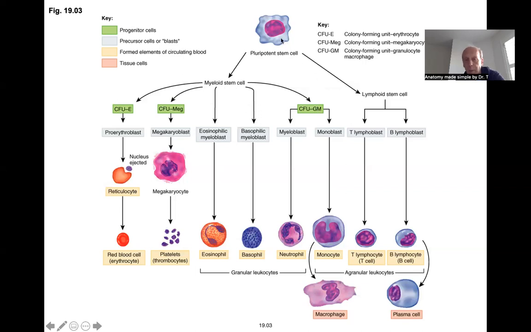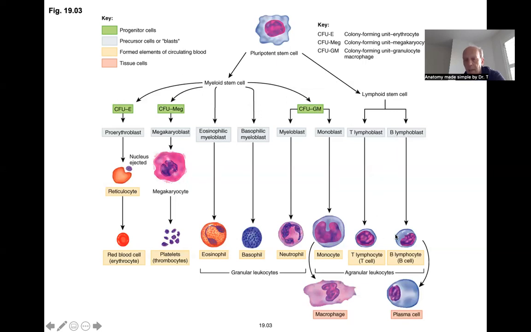The pluripotent stem cell might take another turn and eventually give rise to lymphoid stem cell. Lymphoid stem cell produces just one type of white blood cells. They're called lymphocytes, but there are two different types, T lymphocytes and B lymphocytes.